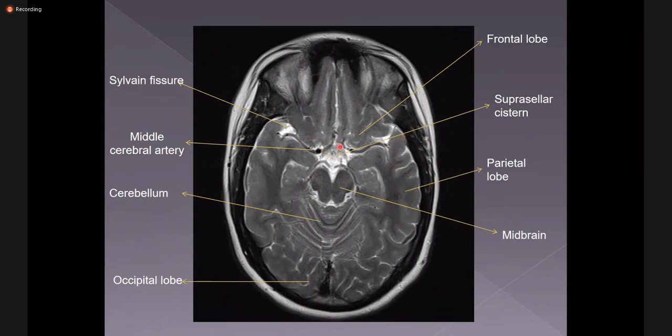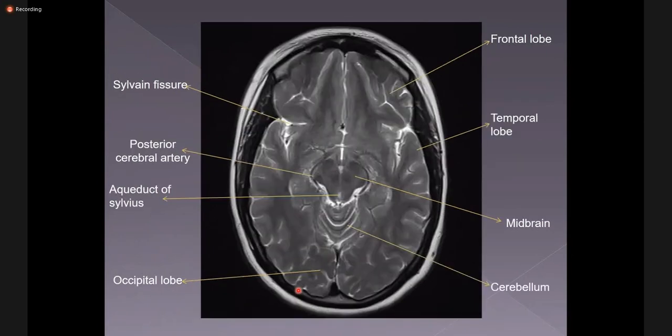In this diamond structure, the white structure is the suprasellar cistern. Adjacent to this is the middle cerebral artery, and this is the anterior cerebral artery. And there is a division of the internal carotid arteries. And behind is the posterior lobe, which is a very small lobe in the brain.